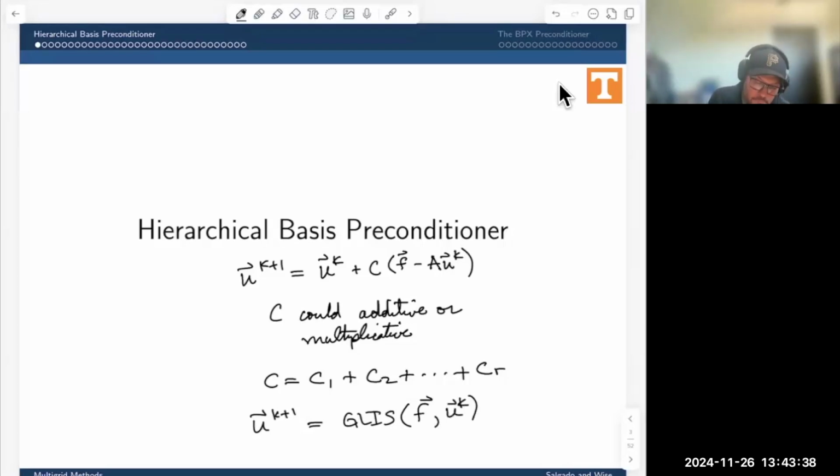Now, what happens if I put in U equals 0 to this operator here? Let's move this over.